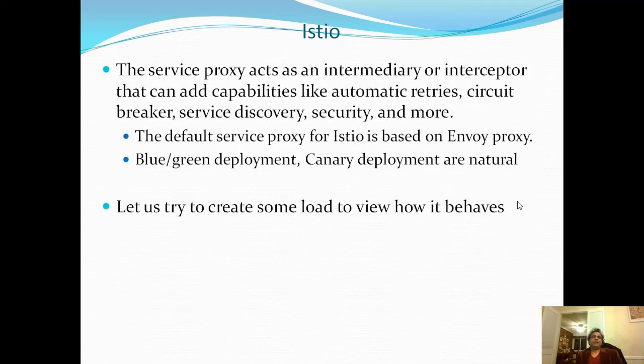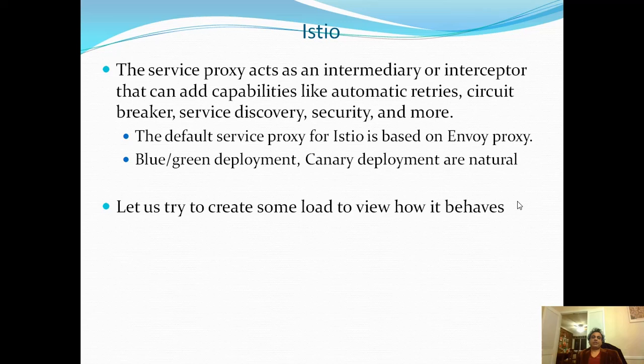Okay. Istio acts as an intermediary or interceptor that can add capabilities like automatic retries, circuit breaker, service discovery, and security. Now I'm going back to the discussion of Istio, and what are the benefits you're getting through Istio. You're getting automatic retries, and you could do circuit breaking. If any one of the microservices is creating a problem or is very slow, it could close the circuit so that it doesn't bring down the whole chain.